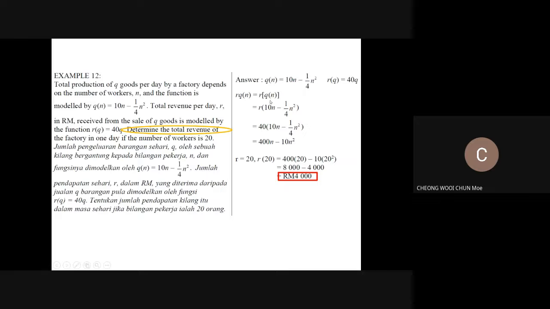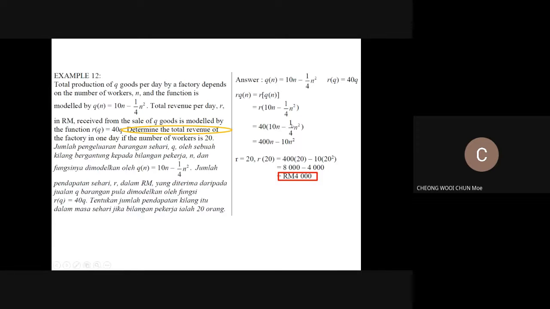I replace Q(n) inside the R function, because this Q is replaced by Q(n) here.